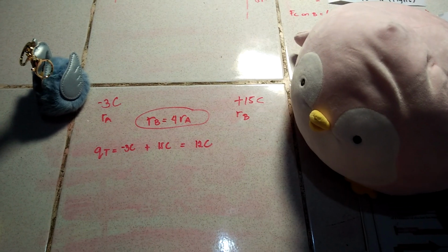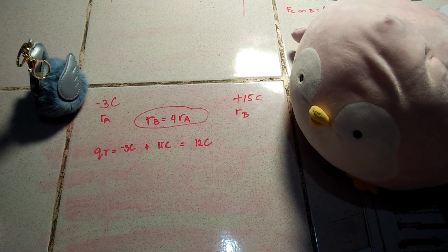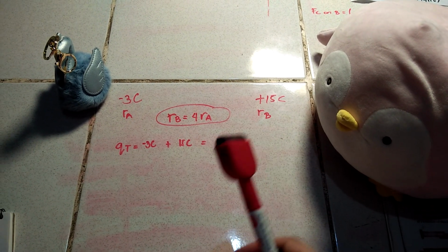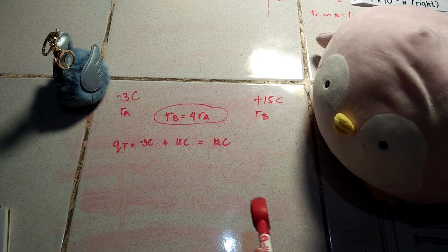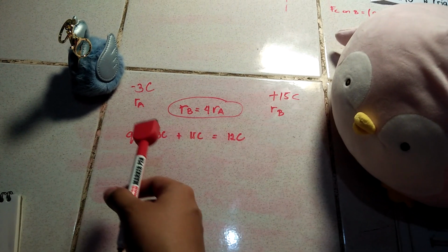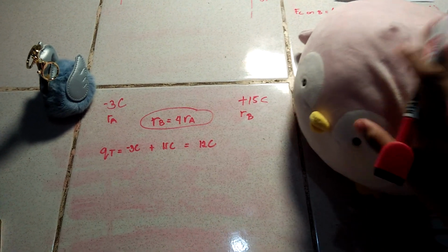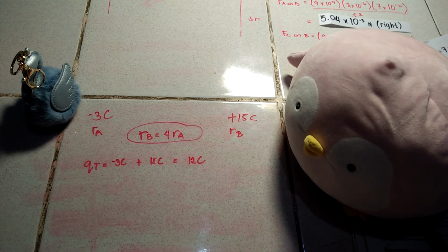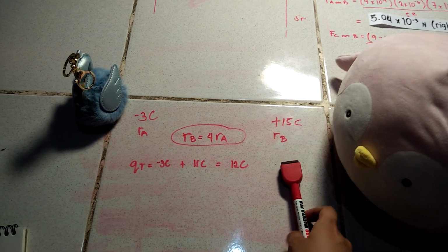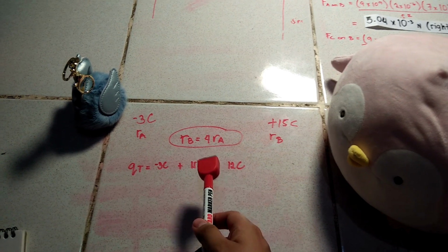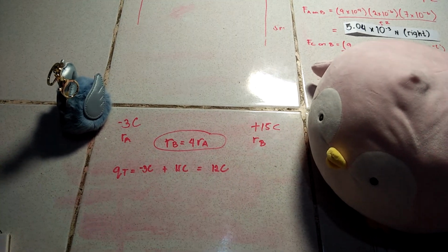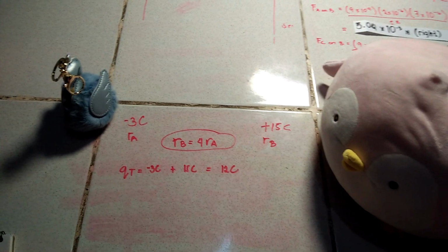Okay, so next up, what if these objects have different radii? So, here we have the swan with a charge of negative 3 coulombs and a radius of RA. And we have here a penguin which has a charge of positive 15 and a radius RB which is 4 times bigger than RA, where RB is equivalent to 4 times RA.